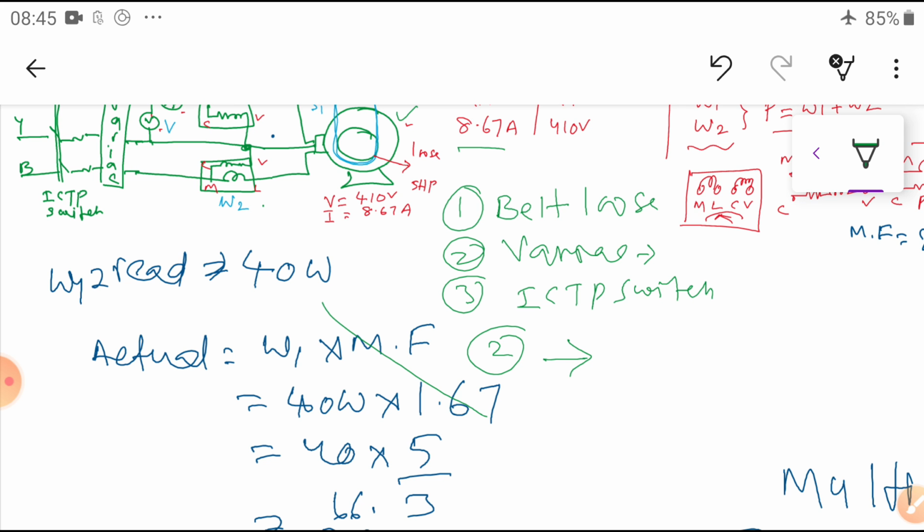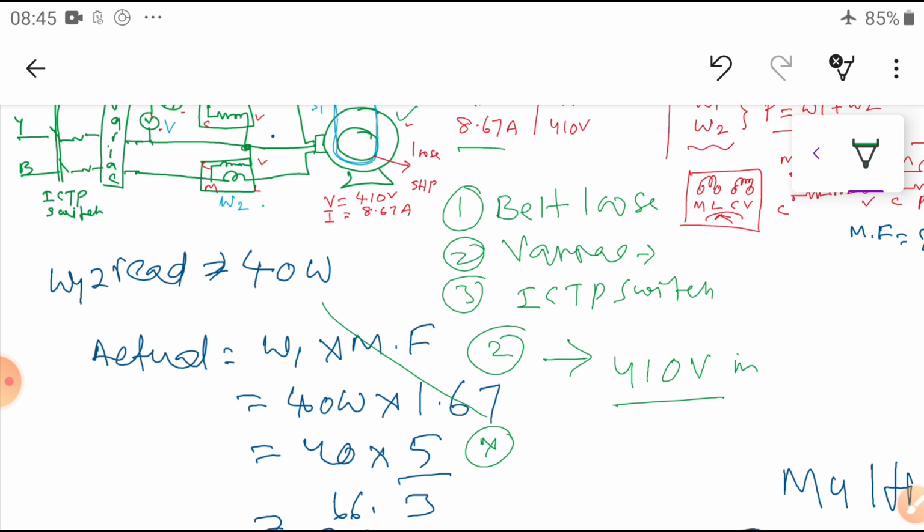Once the variac shows near the rated voltage, that is 410 volts in the voltmeter, then stop the variation.